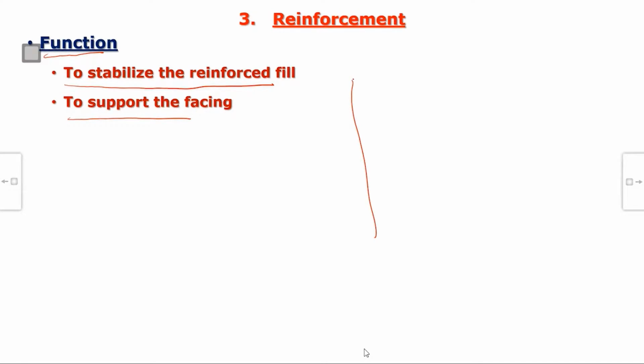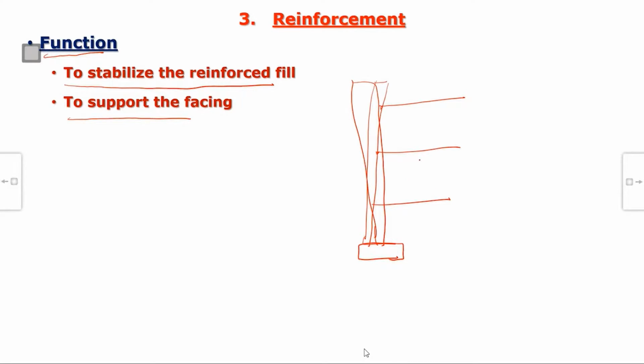If this is my fascia, it is a very, very lean structure, just standing on a small leveling pad. Keeping it vertical, or sometimes giving some batter from the vertical, is very difficult. That is also done by reinforcement. Reinforcement keeps it in position.